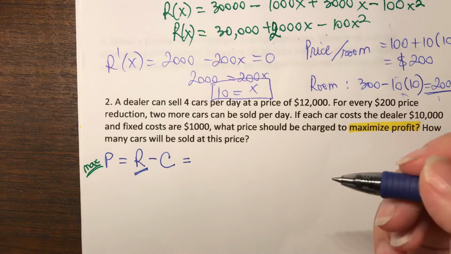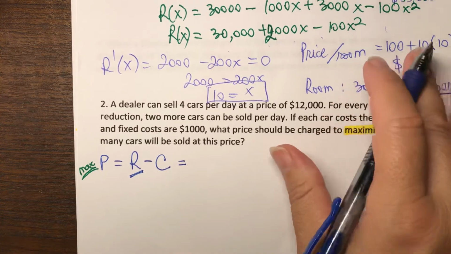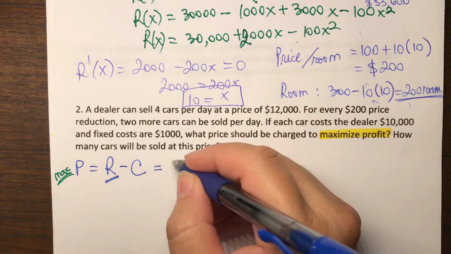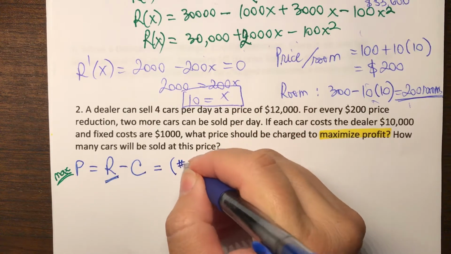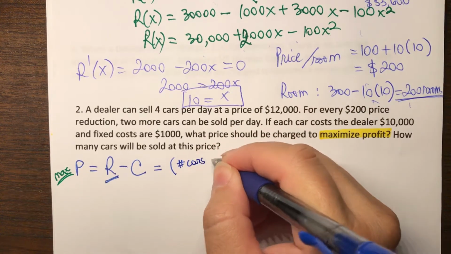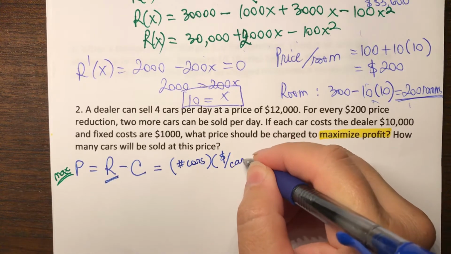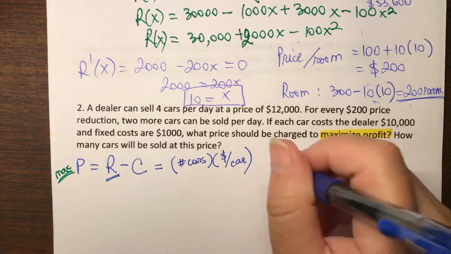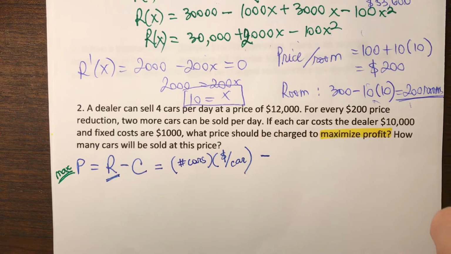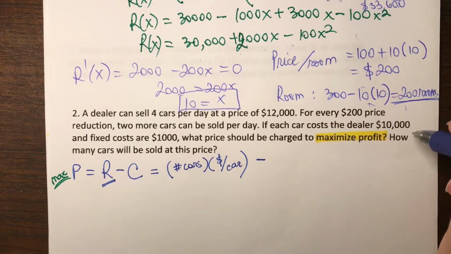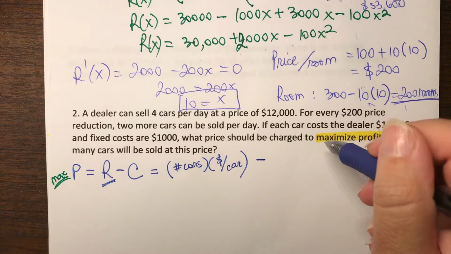How do we make revenue? We're making revenue by selling some items at a certain price. What items are we selling? Number of cars times whatever the price per car is. Okay? Minus what will be our costs? Well, it says it costs the dealer $10,000 for each car, yes?